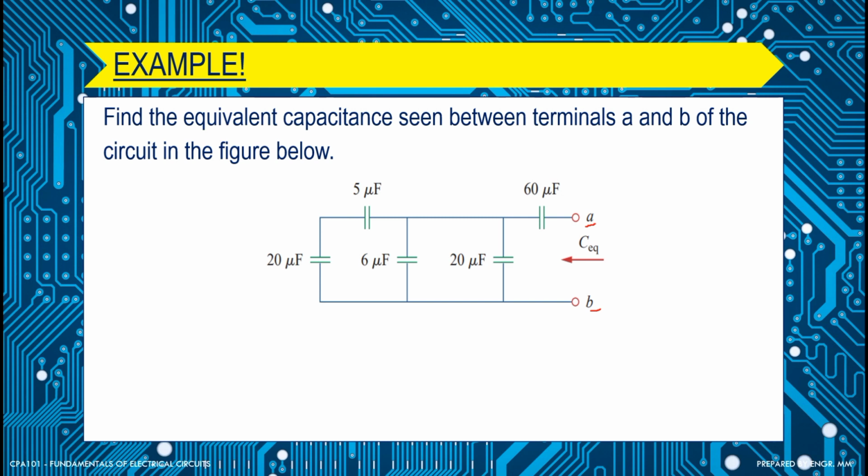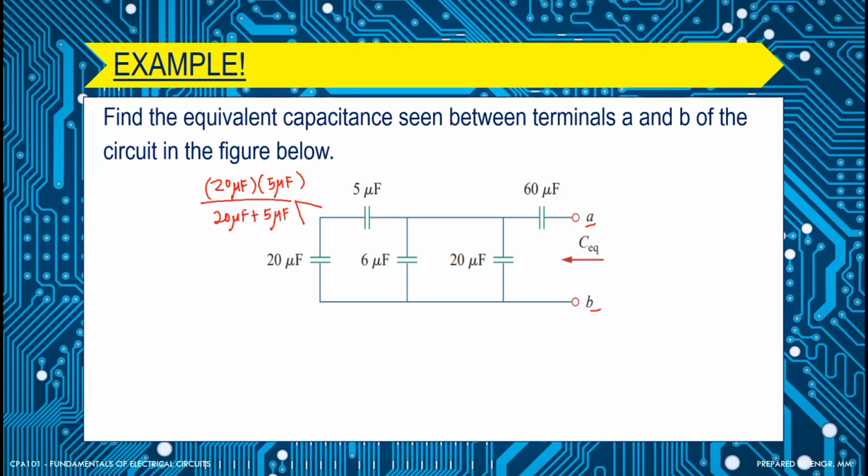In this case, we'll start with the leftmost part of the circuit. So 20 microfarad and 5 microfarad are in series. Since this is series, this will be 20 microfarad multiplied by 5 microfarad all over 20 microfarad plus 5 microfarad.